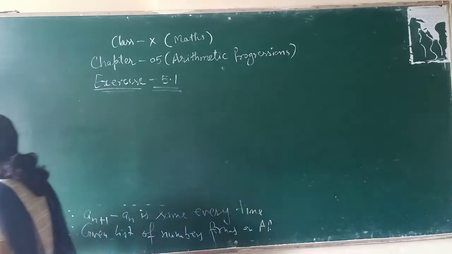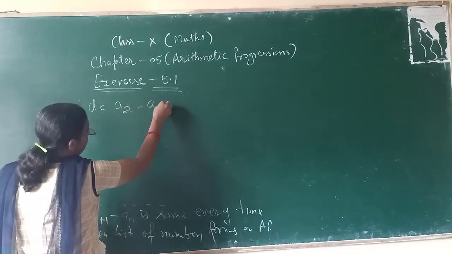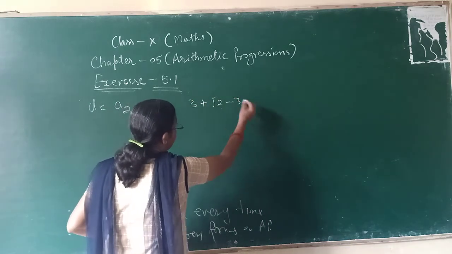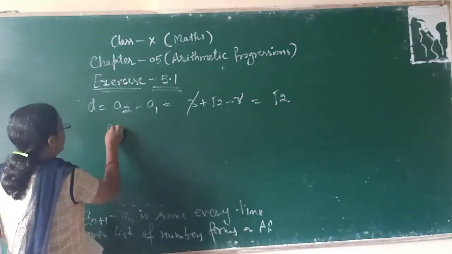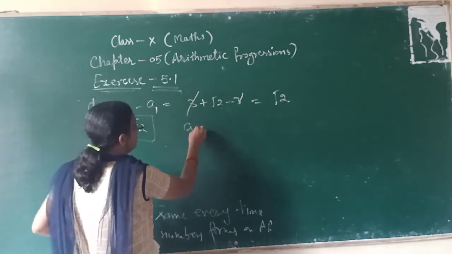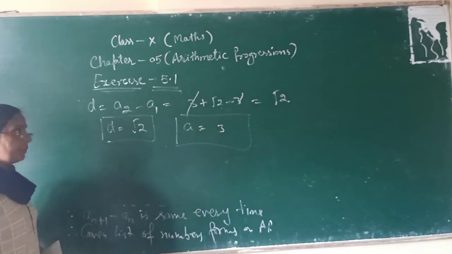So d is equal to a2 minus a1. A2 is 3 plus root 2, minus a1 which is 3. Hence that is root 2. Like this we got d as root 2, and the first term a is 3. This will be our second part.